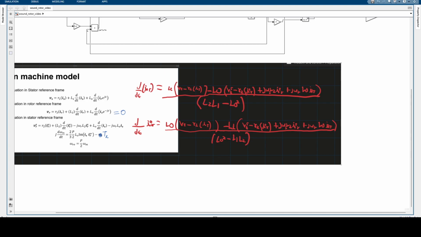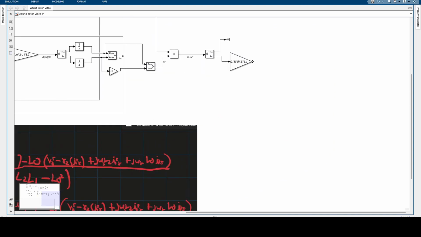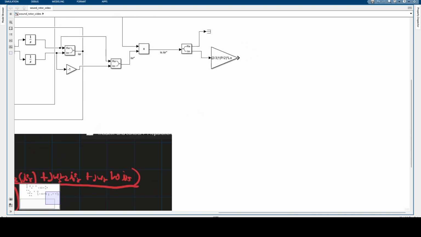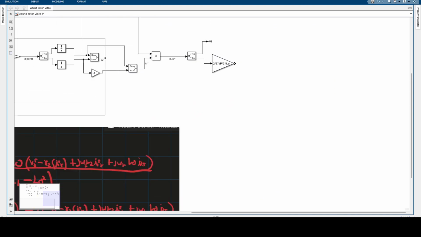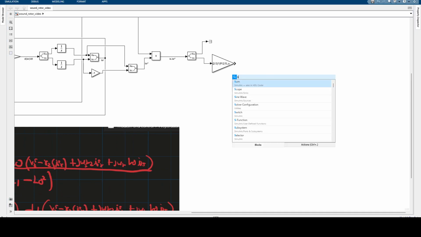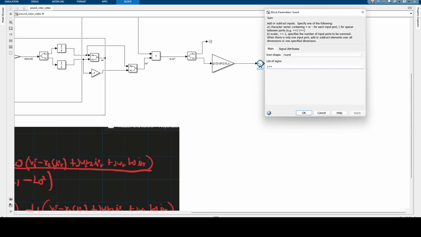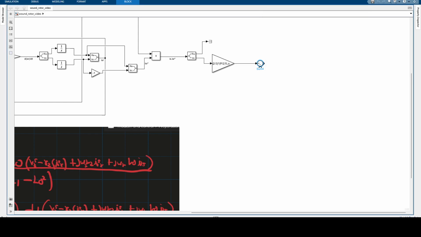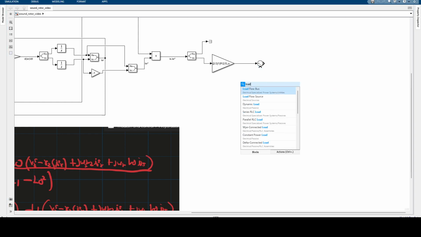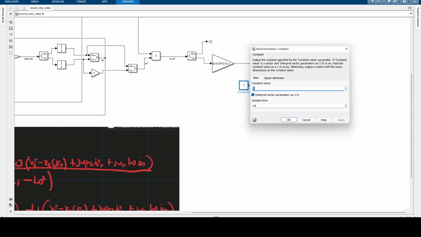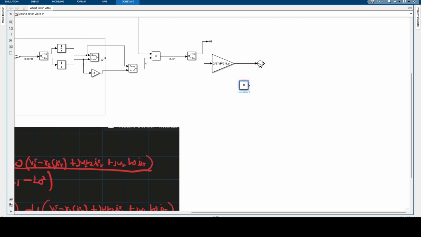And we now subtract the load torque. Okay. So we're going to have here a subtraction. This minus the load, by a constant that we are going to call TL for load torque.